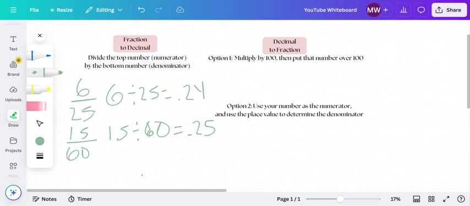Sometimes you don't get decimals that are only 2 place values. Sometimes you get some that go on longer. So 4 over 13 would be an example of that. If I do 4 divided by 13, I end up with 0.3076, and it keeps on going and going and going.